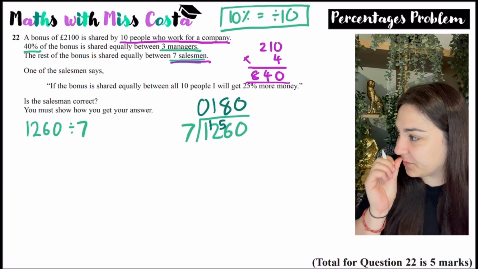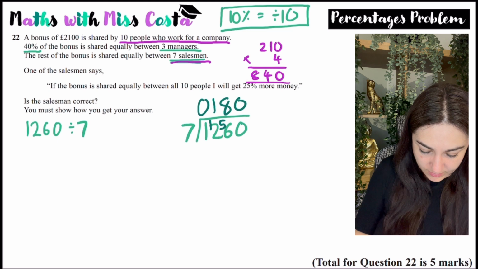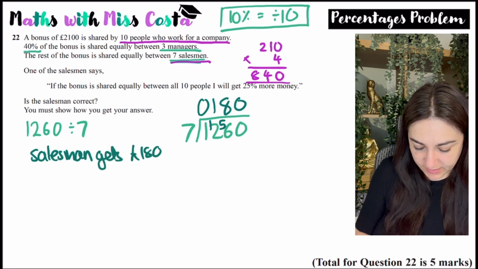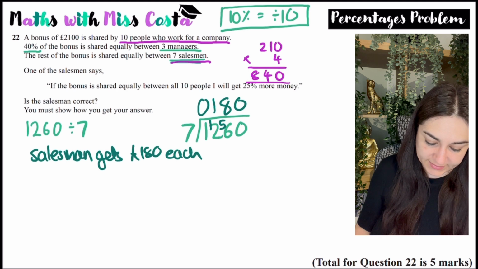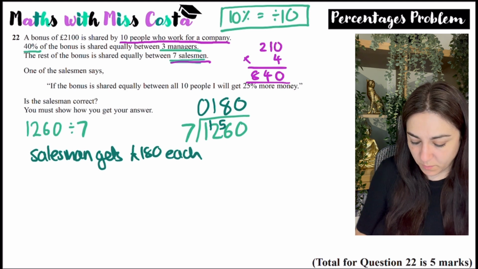So that means that originally the salesman gets £180 each. Now it said if the bonus is shared equally between all 10 people, I will get 25% more money.